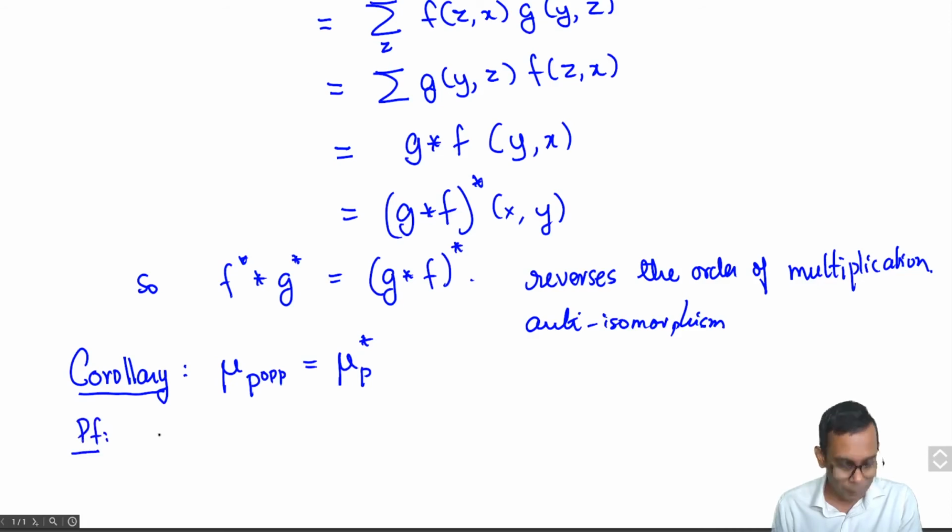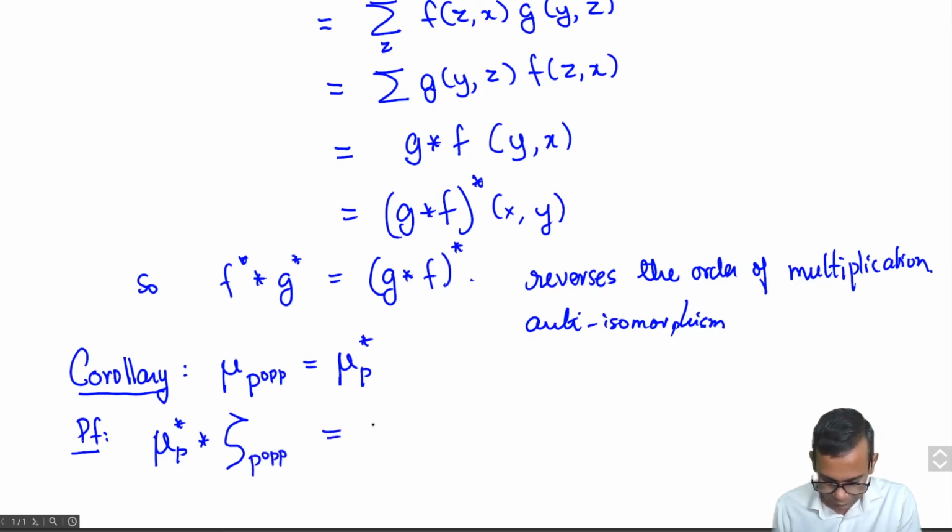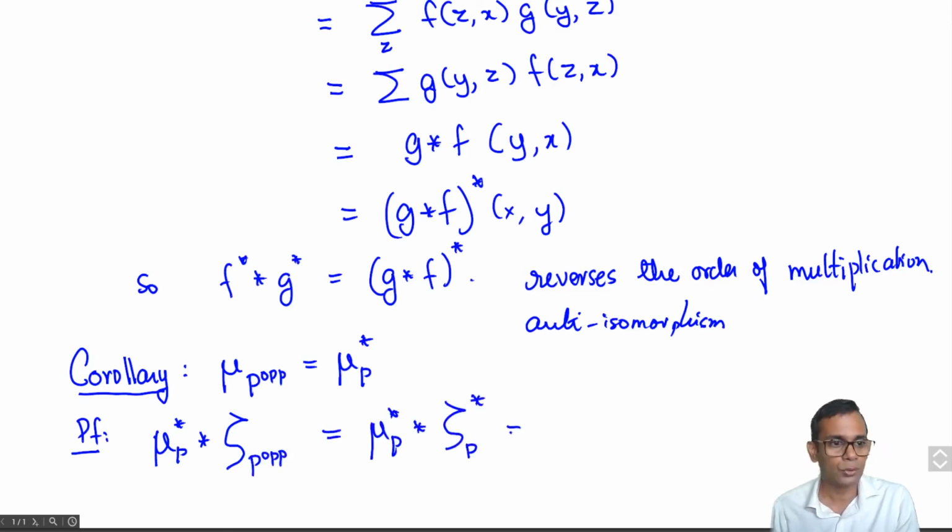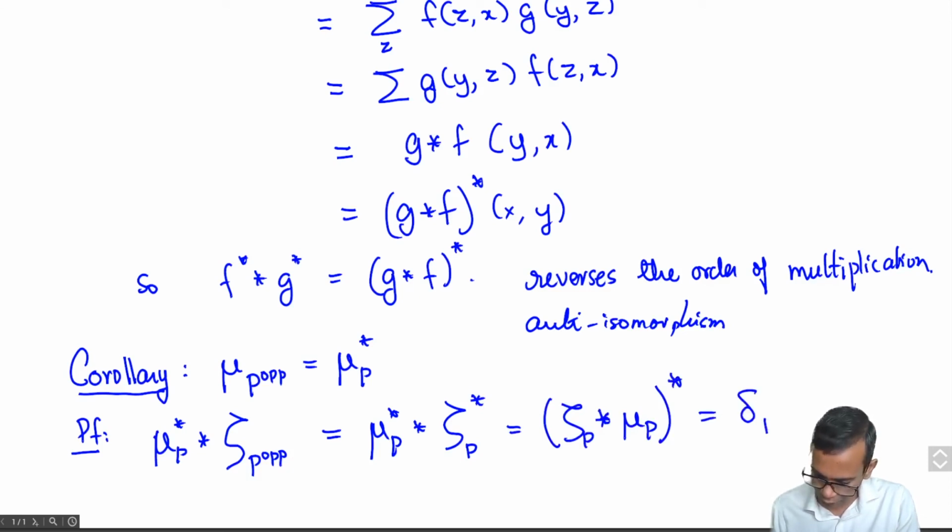What happens if we take mu P star and multiply it with zeta of P op? Now note that zeta of P op is nothing but zeta of P star. And so this becomes zeta of P star times mu P star, which is delta of P star by the fact that mu P is the Mobius function of P.